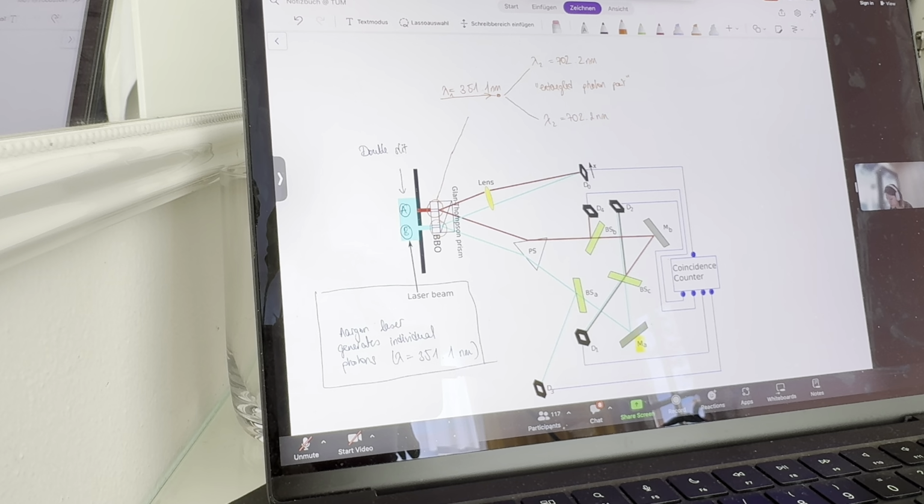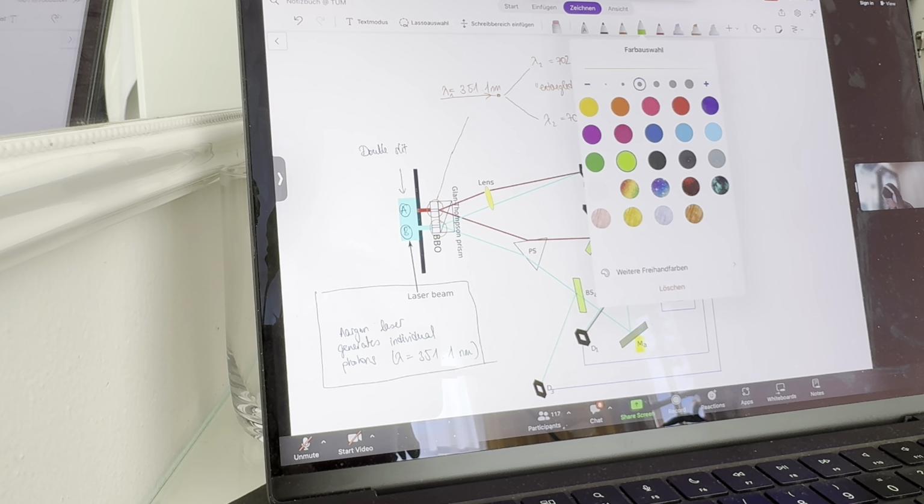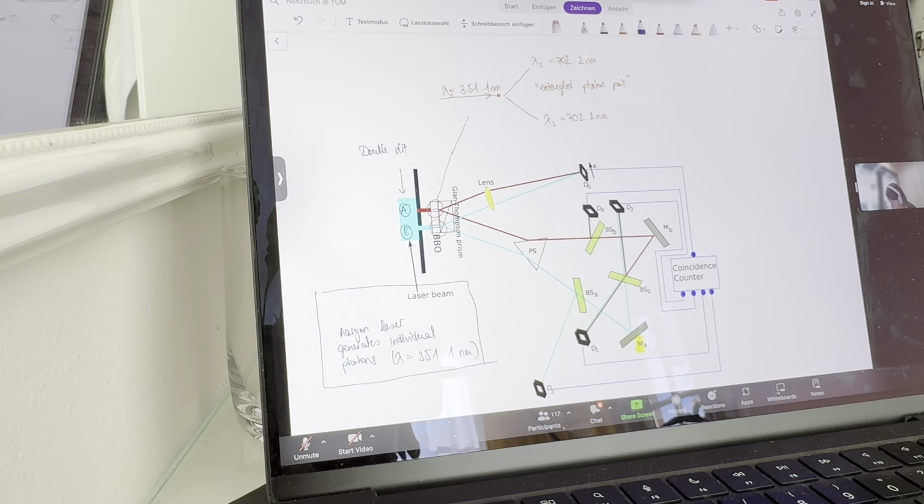Okay, so now the two upper photons are what we call the signal photons. Maybe let me do this in purple. So the two upper photons would arrive at this detector D0. This is a detector where we basically want to obtain either an interference pattern or a diffraction pattern.